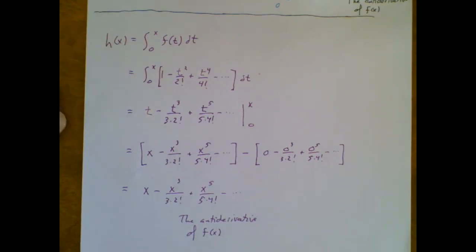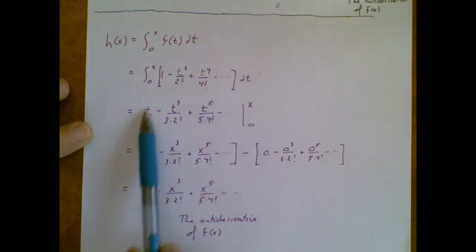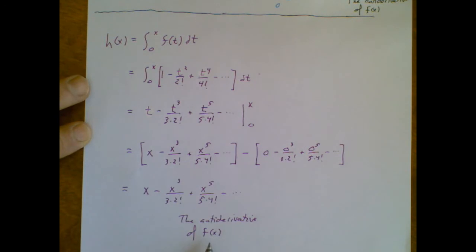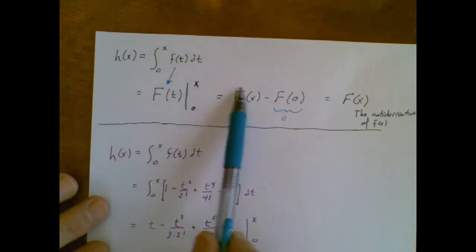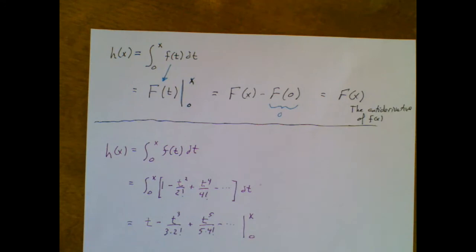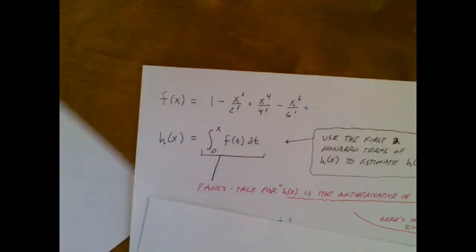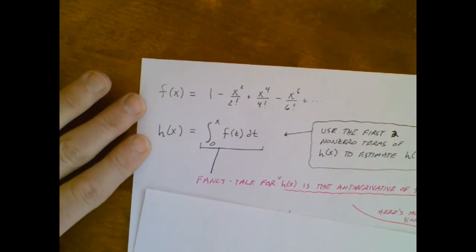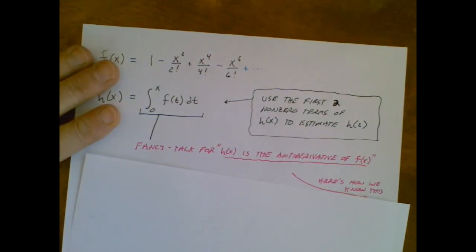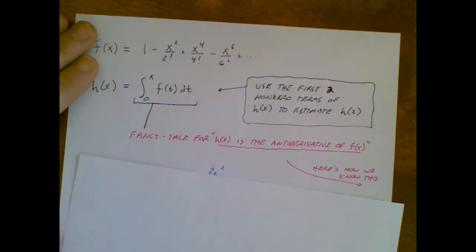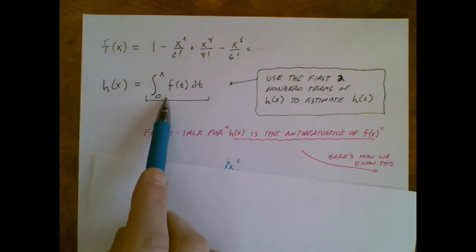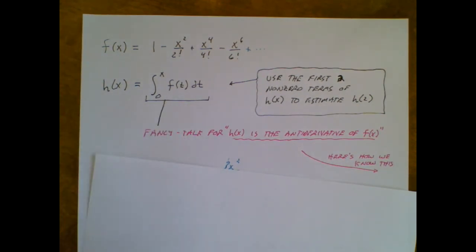So we showed it in 2 different ways, the actual mechanical way and the symbolism way, but in the end, most of the time, you're just going to say, hey, when I see a situation like this, I'm in an antiderivative situation.